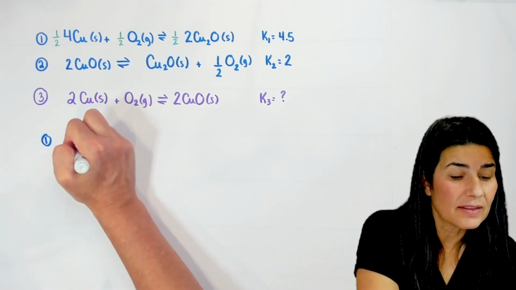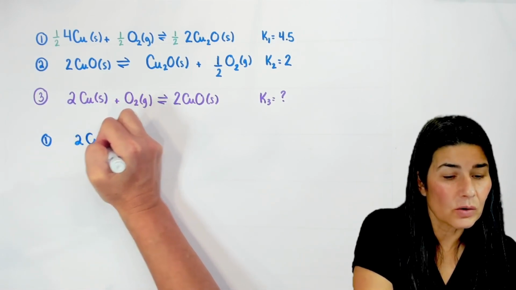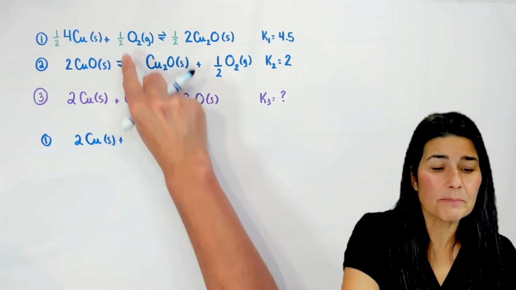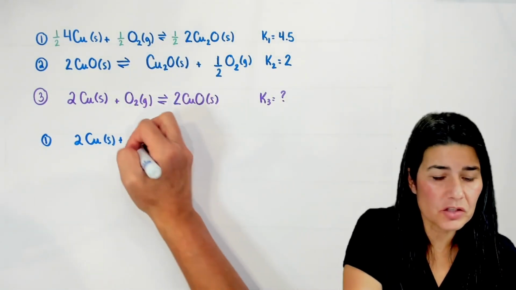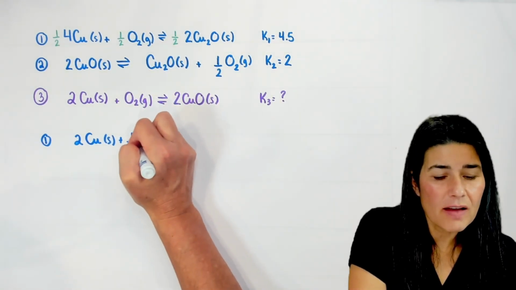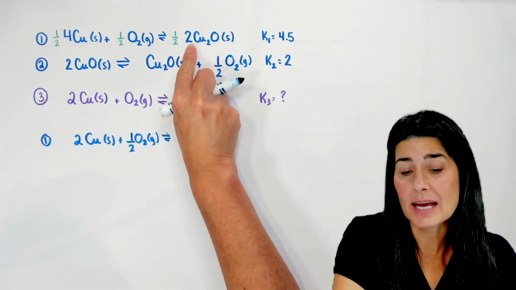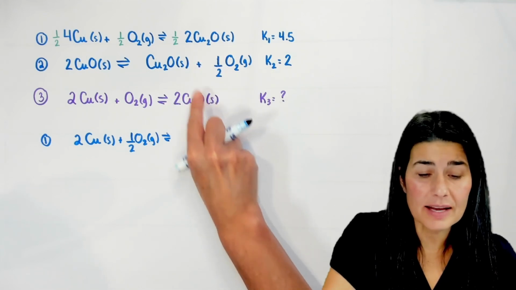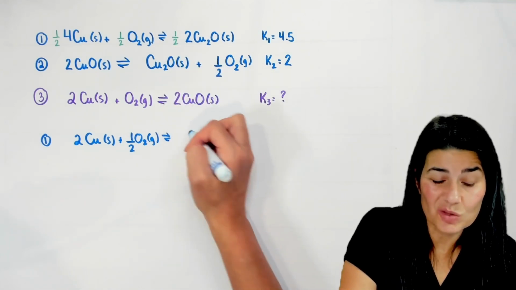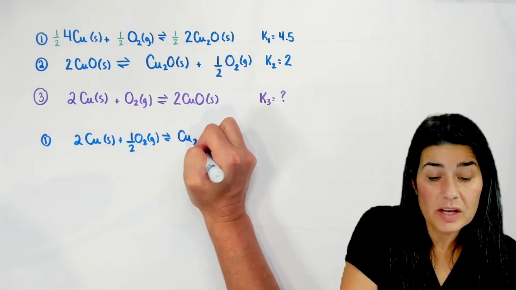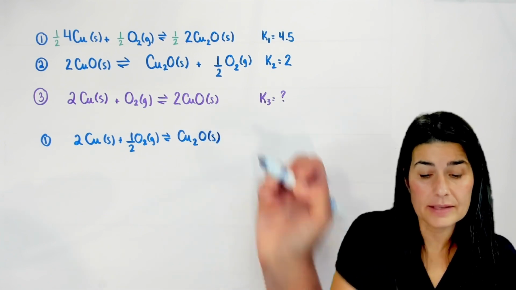So I'm going to rewrite that. 2 Cu as a solid plus 1/2 times 1 oxygen is 1/2 O2. And then finally, 1/2 times 2 copper oxides is 1/2 times 2, which is just 1, so we get Cu2O as a solid.